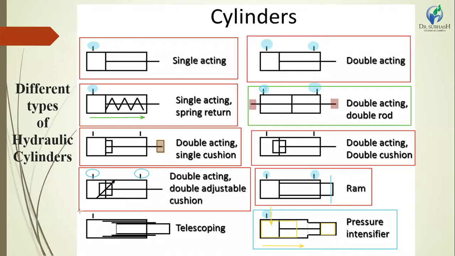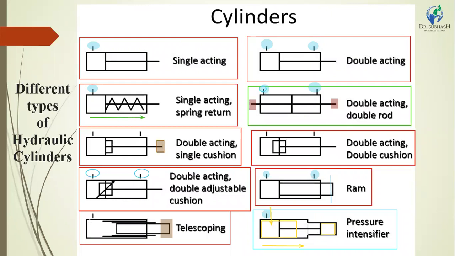The next is a telescopic cylinder. In a telescopic cylinder there are a number of cylinders inside one another, and one is a rod which can go in and out of the cylinder. Here is a rod, and a number of cylinders are inside the cylinder.